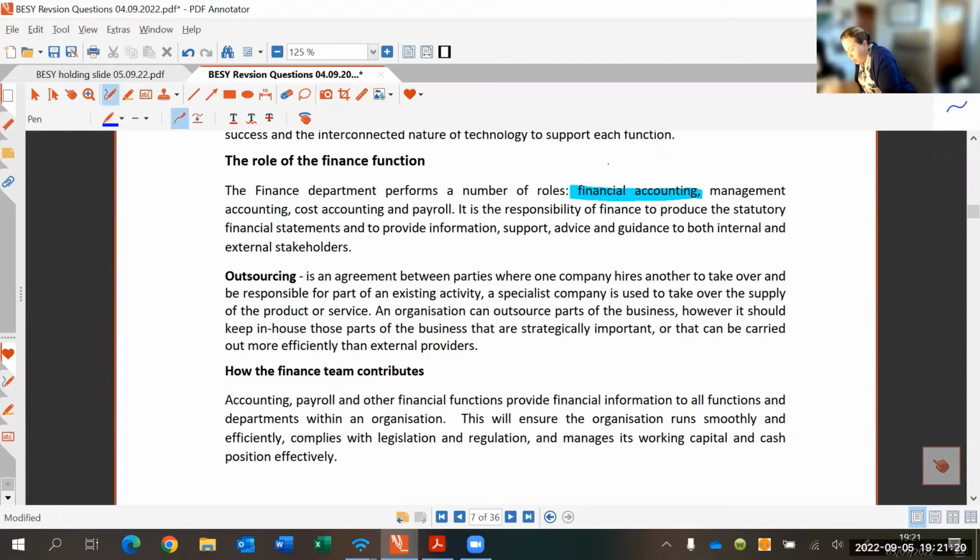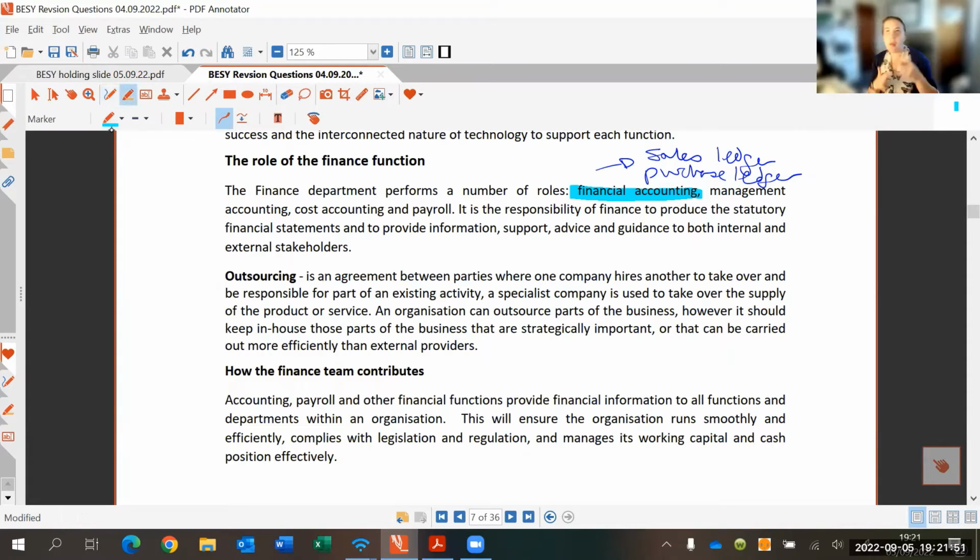That's things like your sales ledger or purchase ledger, the day-to-day operations. We're recording invoices, we're making the payments, and our cash or treasury section may well be in there as well, but it's dealing with the actual day-to-day stuff.